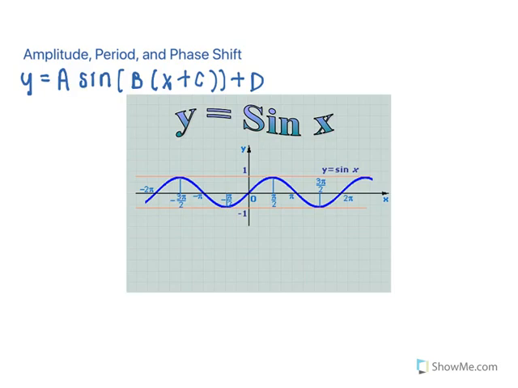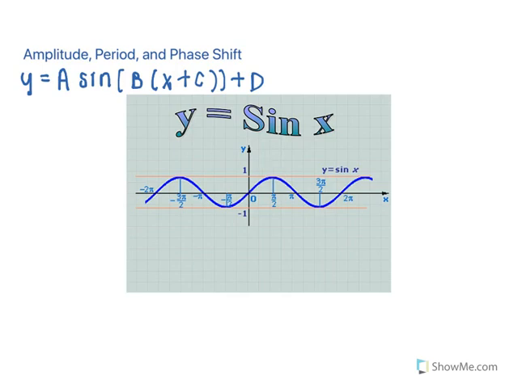So, let's take an example. Let's use the basic equation y equals sine x. First, let's find our a value, which is the amplitude. We can see that the highest point is 1, and the lowest point is negative 1.